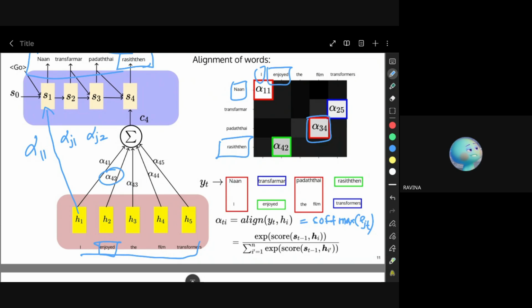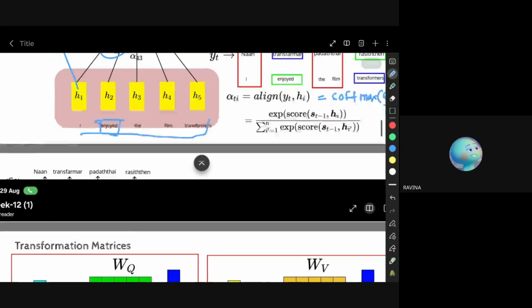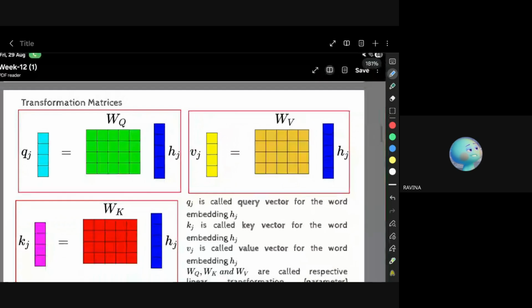Now, how can I parallelize this process? I don't want to compute it individually; I want to compute it in parallel so that I can increase my computation speed.